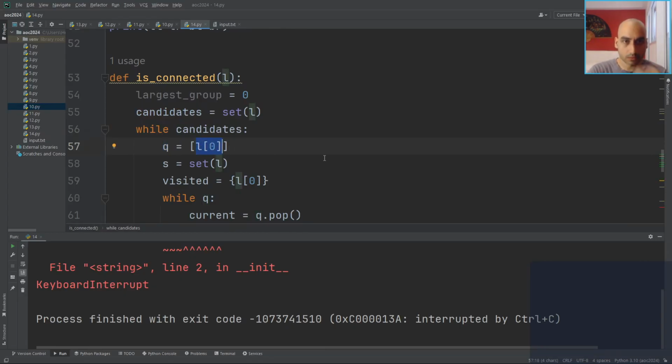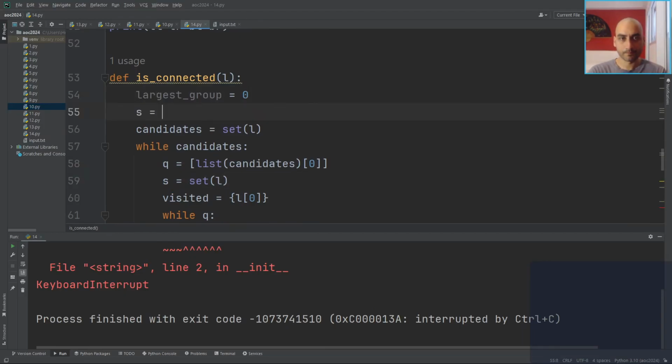Let's say list candidates 0. Make these separate lists.